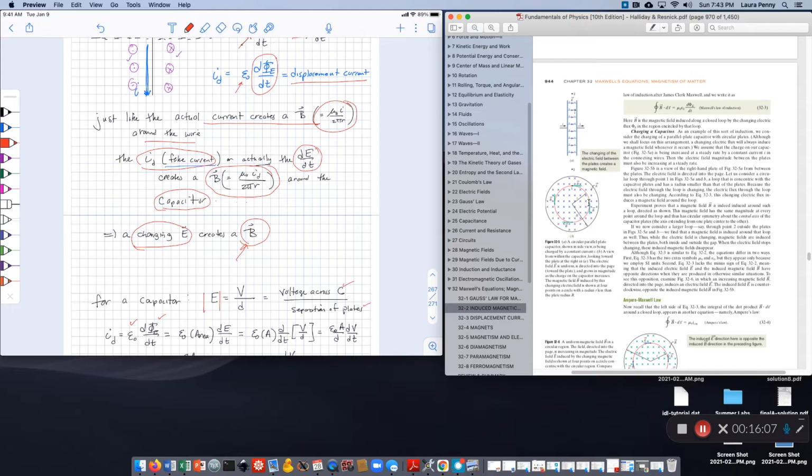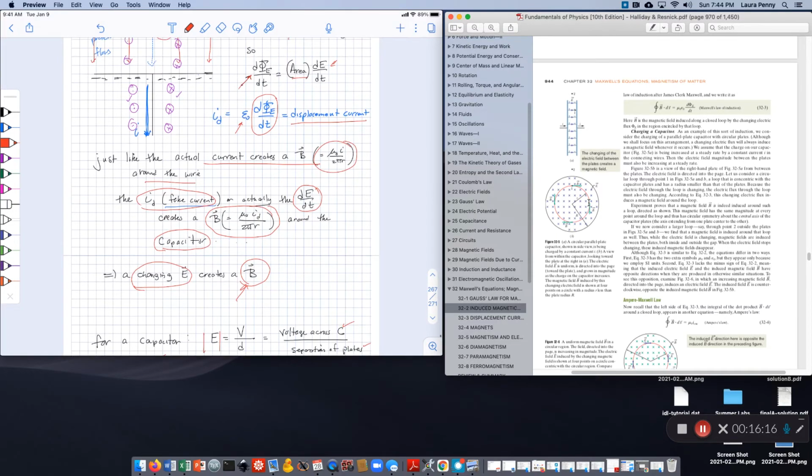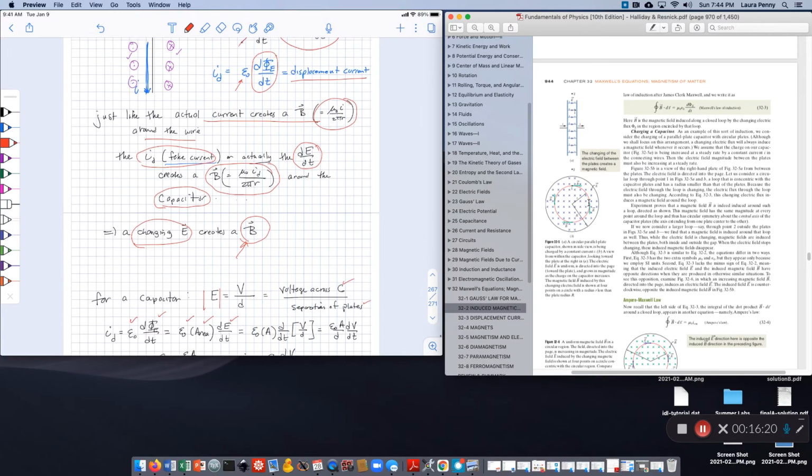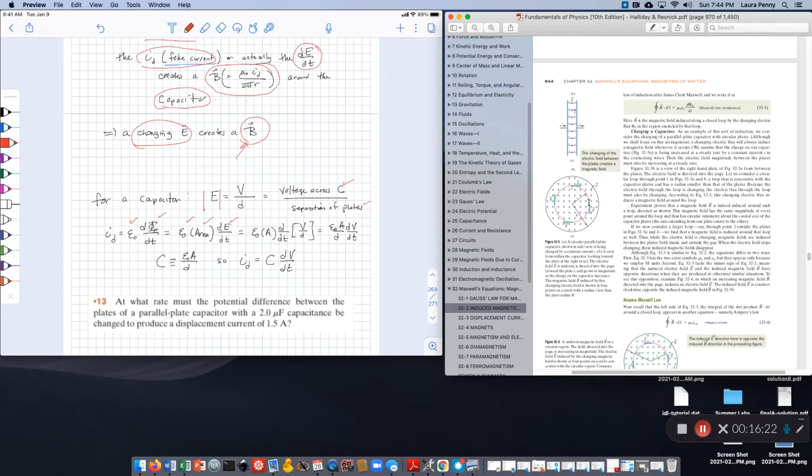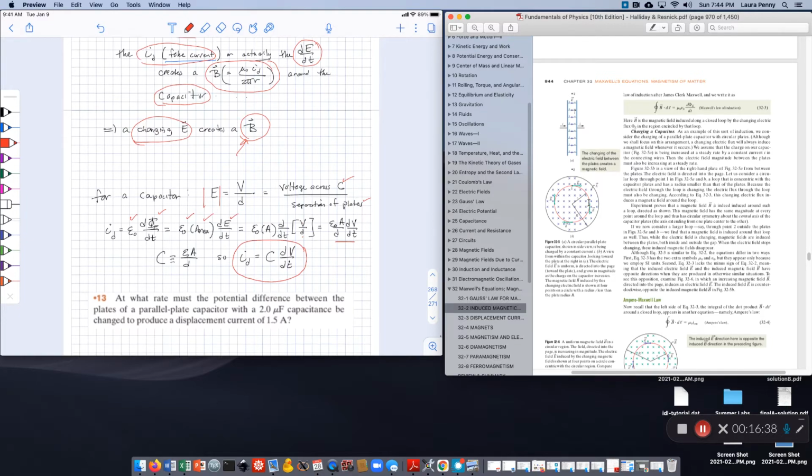And that is just epsilon naught times the area times the change in the electric field. That's what I've just substituted in. And if we know the electric field is the voltage divided by the distance, we can put this in. And so what I end up with is that the displacement current for a capacitor is the capacitance times the time derivative of the voltage.